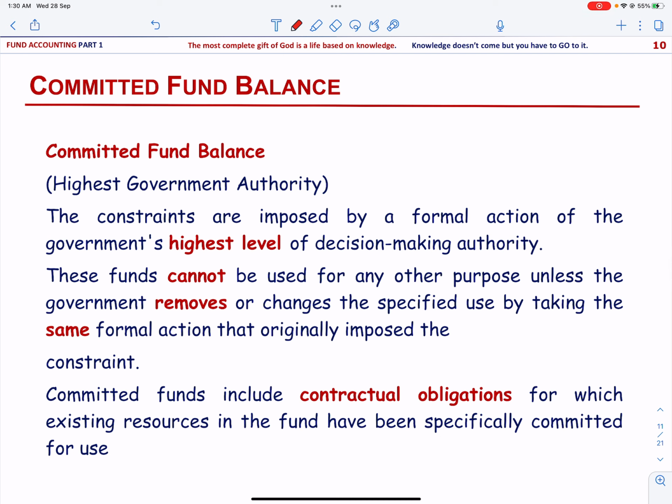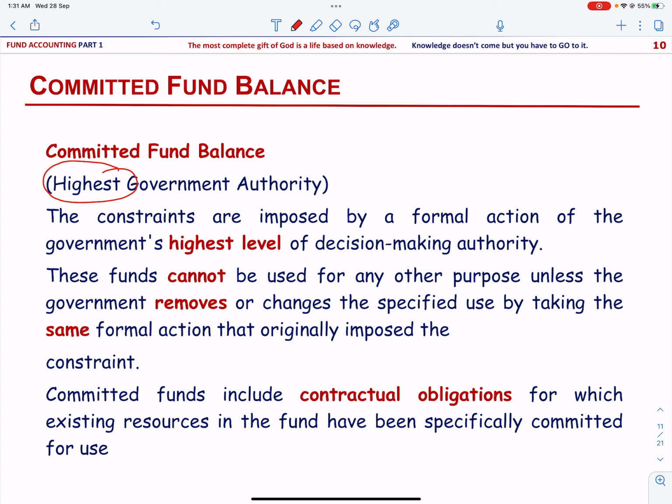The constraints are imposed by a formal action of the government's highest level of decision-making authority. These funds cannot be used for any other purpose unless the government removes or changes the specified use by taking the same formal action that originally imposed the constraint.